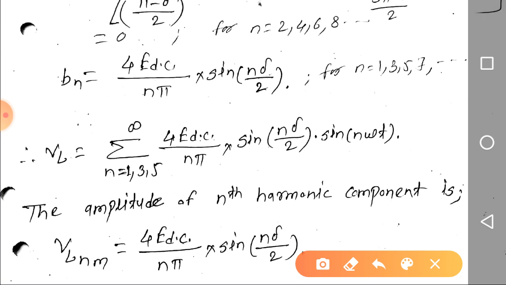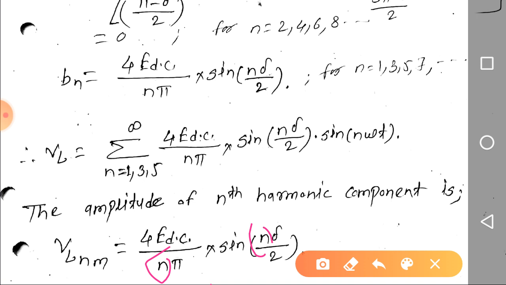So suppose for the third harmonic, what is the VL3 magnitude? It is 4E_DC/(3π) into sin(3δ/2), meaning instead of n here it will be 3, right?